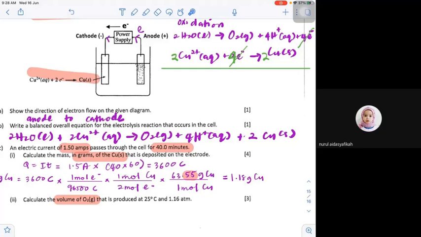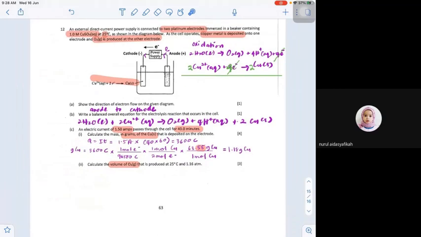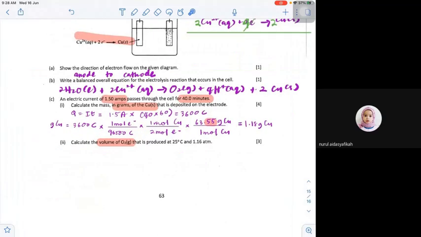So we start with the charge flowing by calculating the number of moles of oxygen produced. Because we cannot directly calculate the volume, because volume needs PV equals nRT. So we calculate the number of moles of oxygen first.